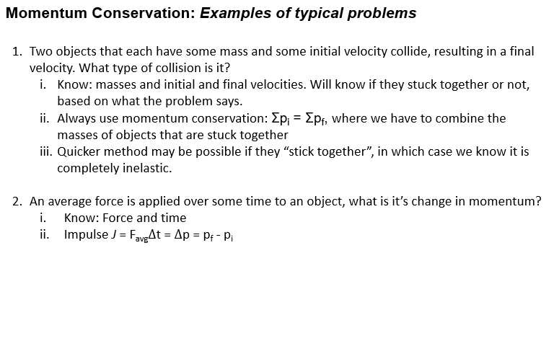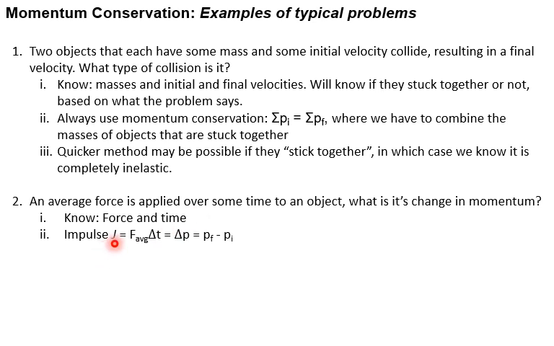Another type of problem that you might be asked is you're told that an average force is applied to an object over some time, and you want to know what's the change in momentum. Maybe you're given the mass and you want to know what the change in velocity is. Same problem, basically. So in this case, we know the force and the time.